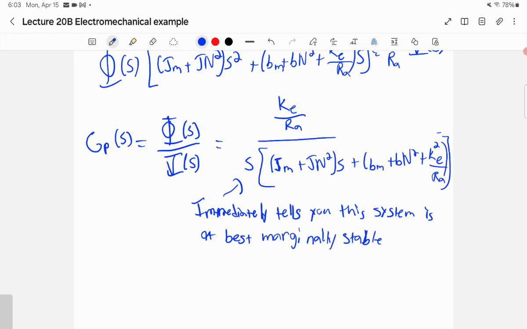But that pole is going to be guaranteed to be negative, because all of these things, Bm, B, Ke, Ra, Jm, and J, all will be positive. So since there's a negative sign out front, there's nothing that can make it positive. So you're going to have a 0 pole and a negative pole. So this is going to be a marginally stable system.